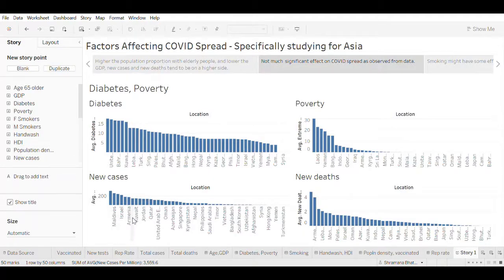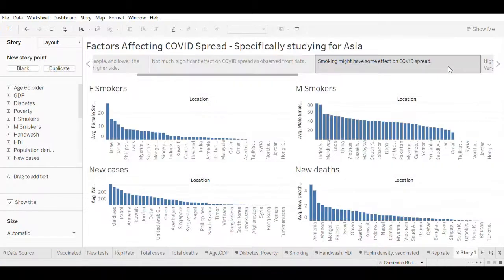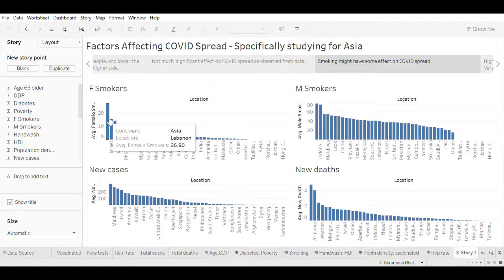right? Moving on to the smoking part, the proportion of population with female smokers and male smokers. Smoking might have some significant effect on COVID spread, because if you see the data, Lebanon with average smokers 26.90 female, and for males highest is for Timor.